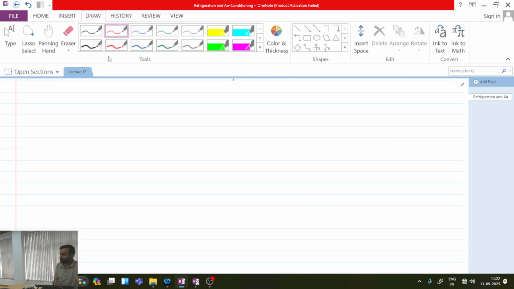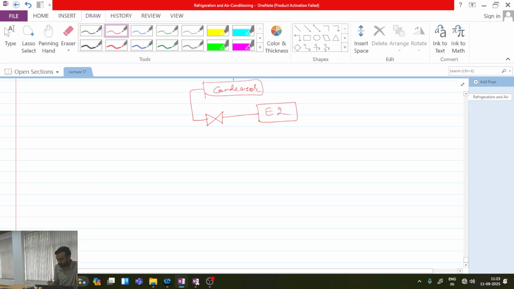Do you remember how the block diagram is? This is my condenser. After the condenser, I have some expansion valve. Through this expansion valve, there is evaporator 2. So through this, m dot E2 mass is going. From here, m dot HP mass is coming.